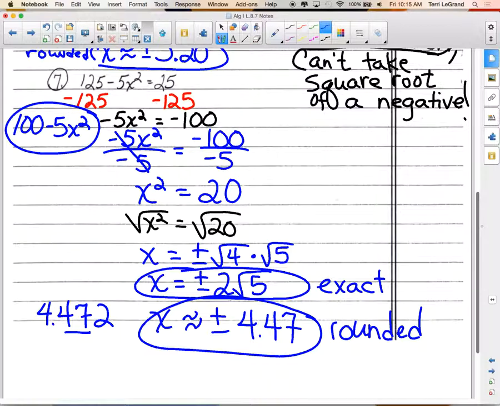Okay, so again, when is it going to be useful to use the square root method? When b equals 0. There's one other time, and that would be when you have a perfect square trinomial. What's true about a perfect square trinomial?